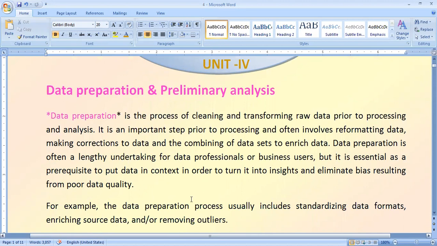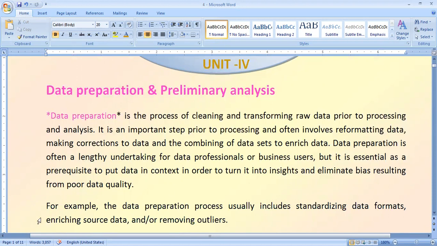Data preparation is the process of cleaning and transforming raw data prior to processing and analysis. It is an important step prior to processing and often involves reformatting data, making corrections to data, and combining data sets to enrich data.